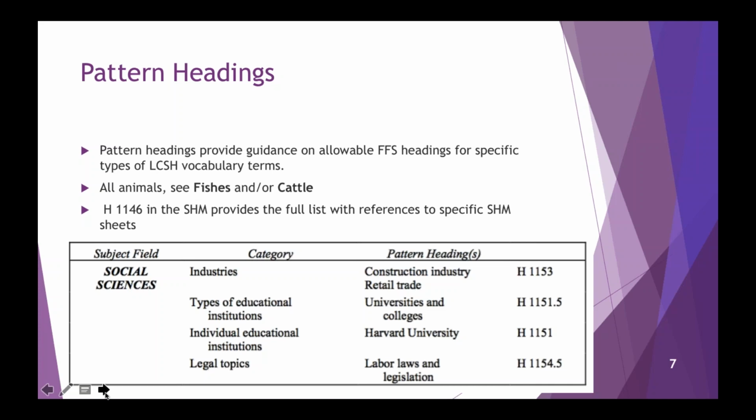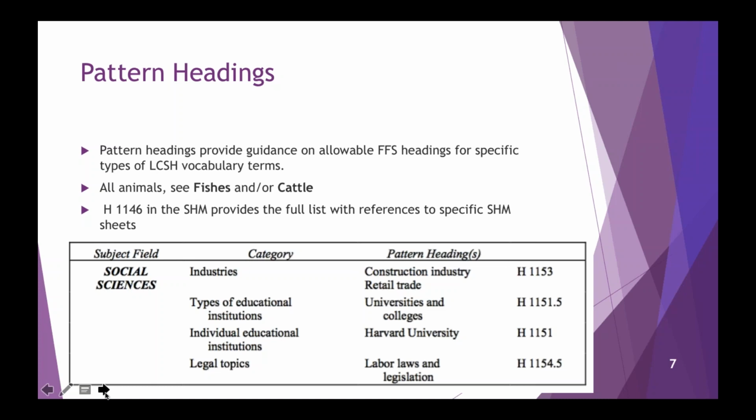Pattern headings. So pattern headings are this really great, amazing tool that is included in LCSH itself. The idea here is that by choosing certain topical terms to act as a pattern, you can show all of the various free-floating subdivisions that can be used with that particular term, and it is representative of other terms that are like it.